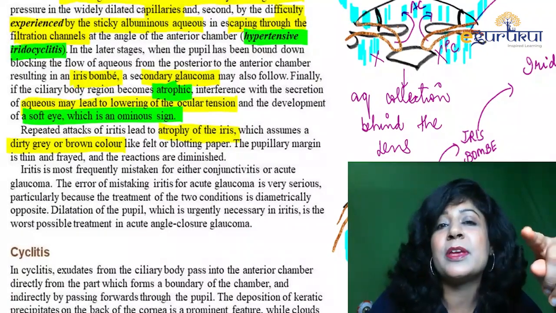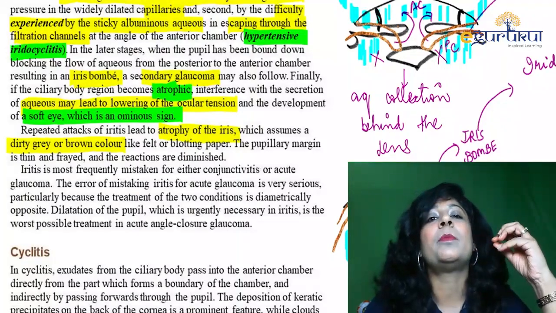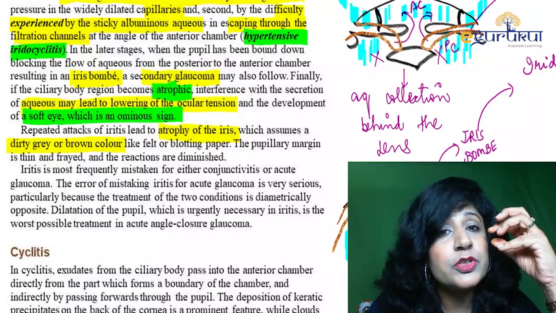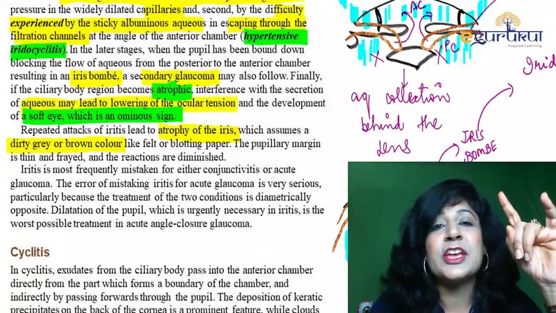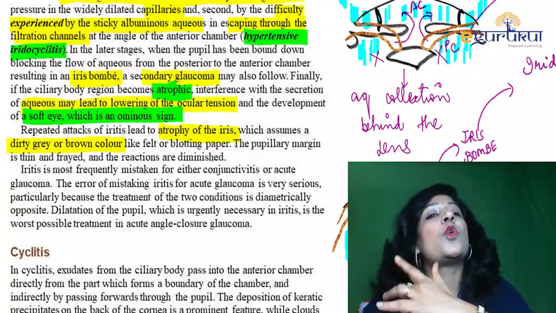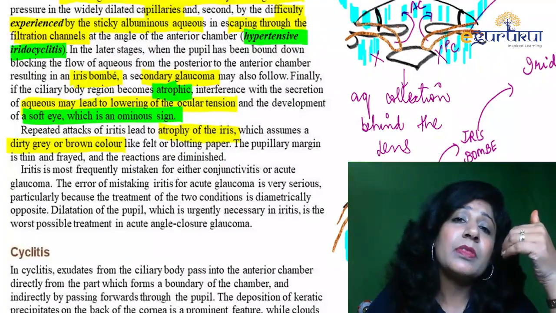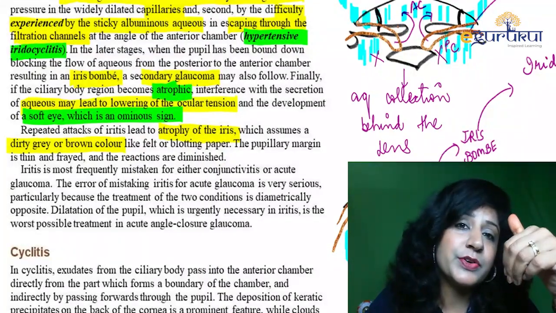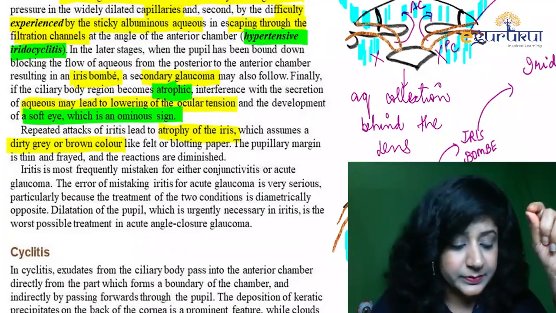If I am having inflammation, I'll have edema, I will have destruction of the normal architecture. That was your collarette pattern, the spokes of a cycle wheel pattern, that is changing. We can have nodules, we can also have Koeppe nodules, we can have Busacca nodules there.